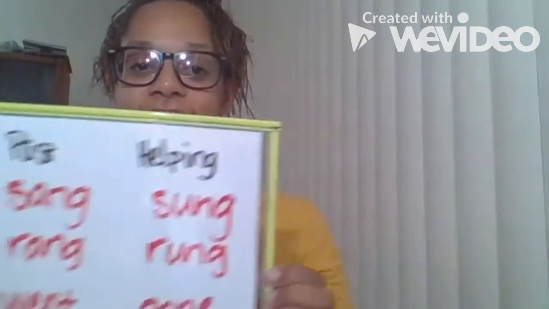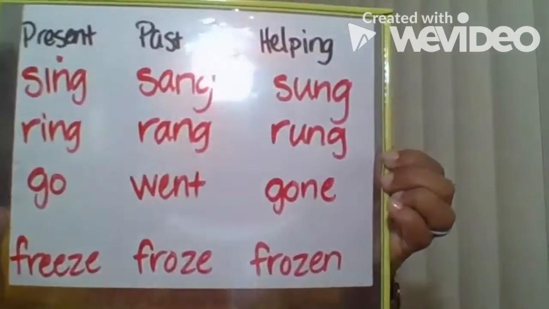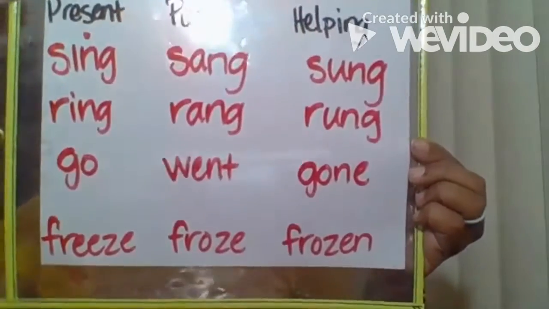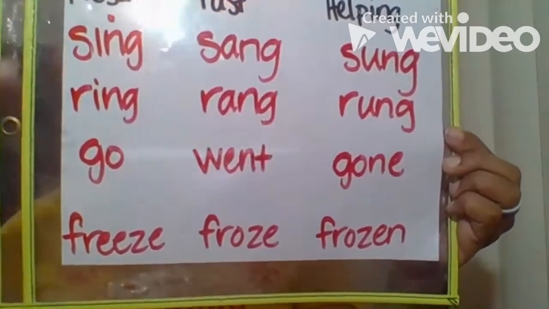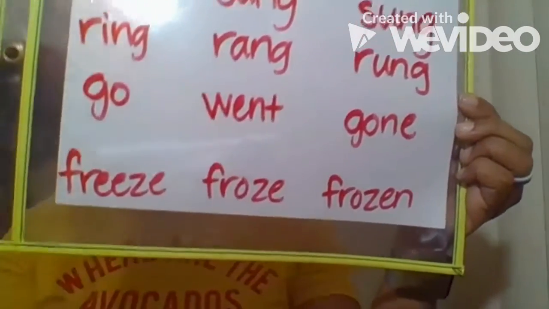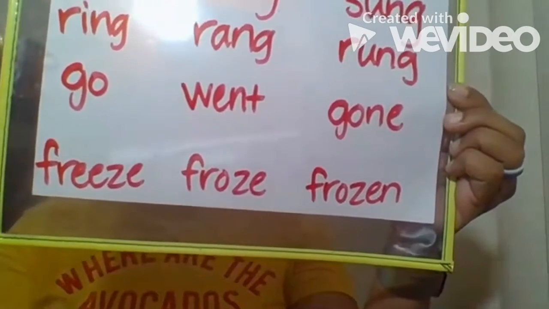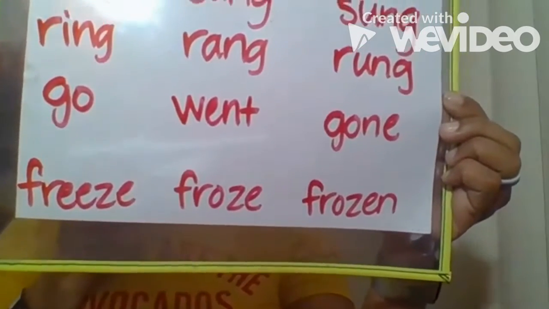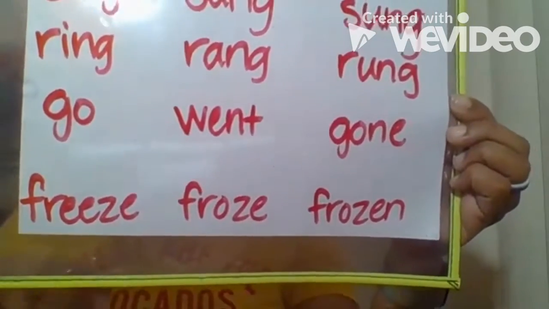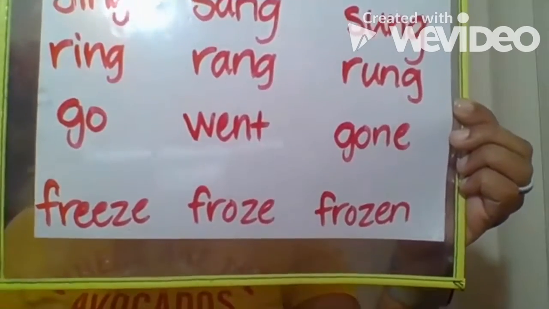Great job. Now we're going to talk about these verbs. So I want you to look at the present tense. Can you say each word that you see here in the present tense? Great. Now, what do you notice about each of these verbs?